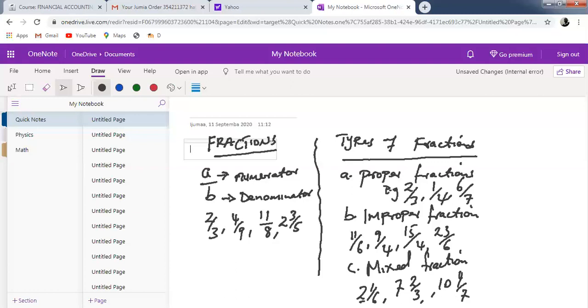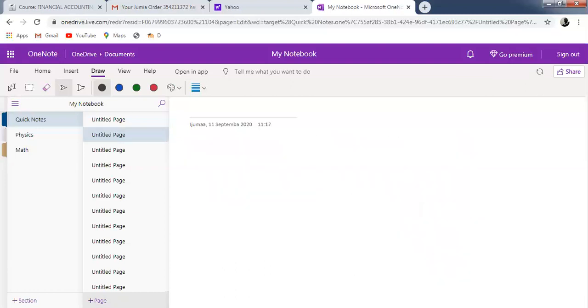Where we have a whole number, which is an integer, and a proper fraction, it is known as a mixed fraction. These mixed fractions can be converted into improper fractions when you are operating the fractions.